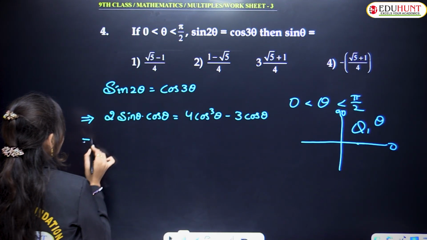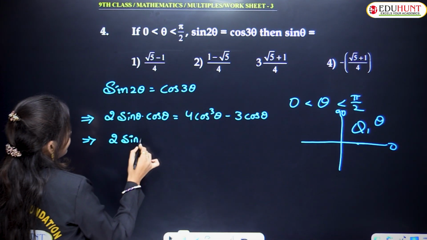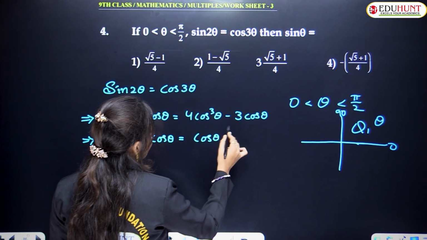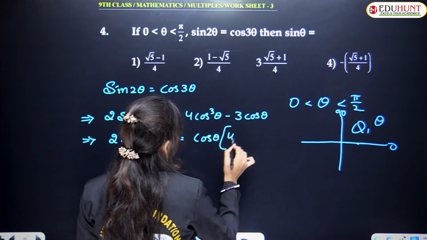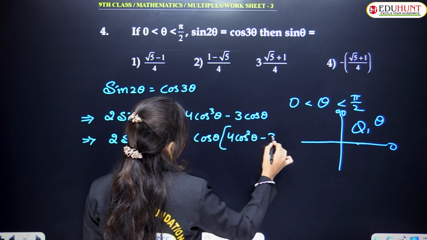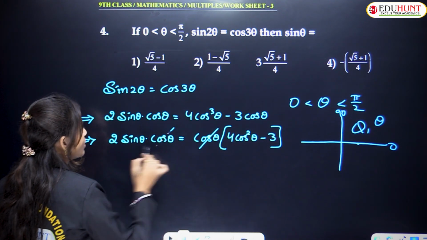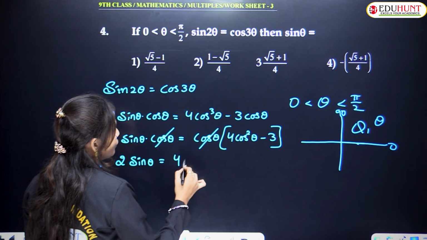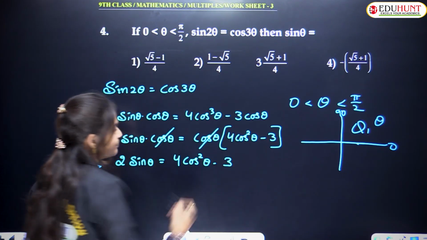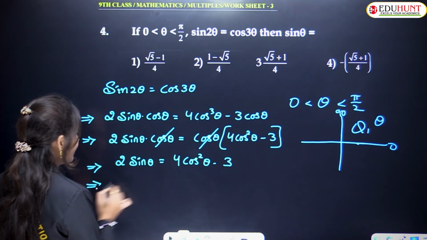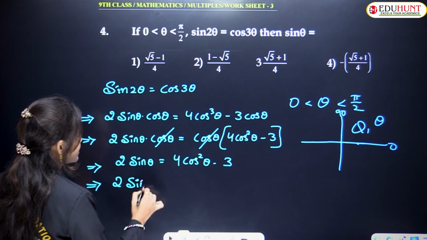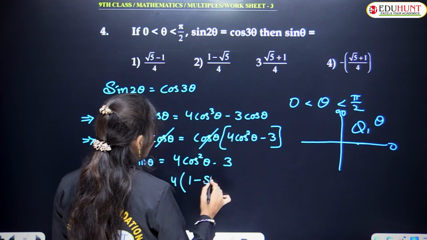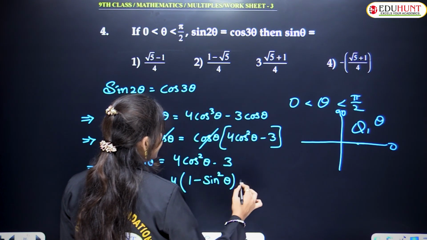So from this, we can write 2 sin theta into cos theta equals, taking cos theta as common, 4 cos square theta minus 3. Here cos theta and cos theta get cancelled. So 2 sin theta is equal to 4 cos square theta minus 3. Simplify the RHS. 2 sin theta is equal to 4 into cos square theta, which we can write as 1 minus sin square theta, minus 3.